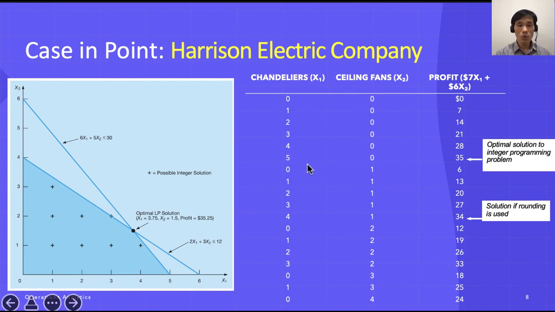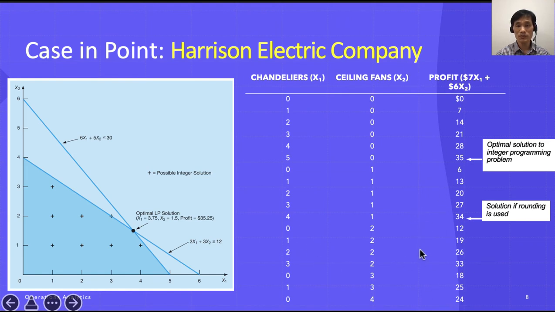We enumerated all the solutions for the integer program. For example, 0 and 0, and the profit is 0, and if you produce only one x1 and 0 fans, then you're going to produce about $7. So it shows all the combinations and the corresponding profit.